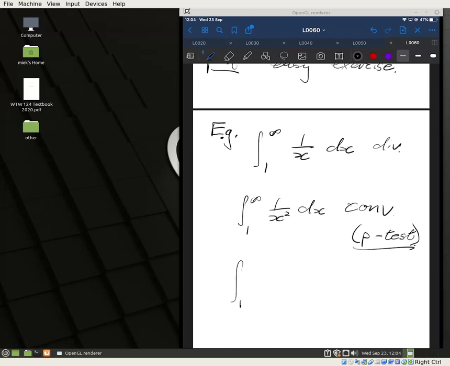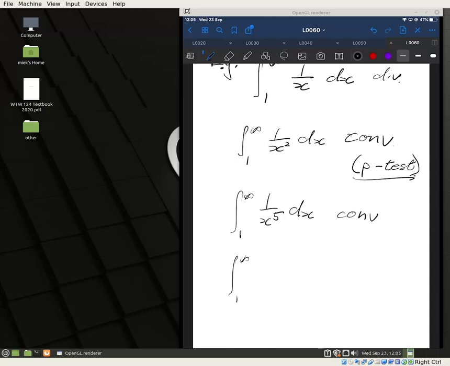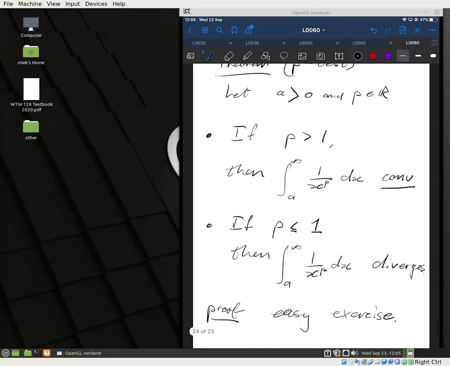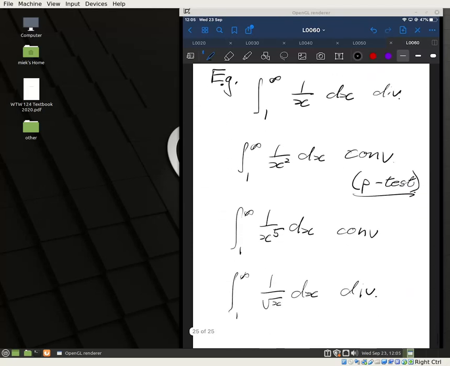So from the p-test, for example, this integral converges, and this integral diverges, because a half is less than 1, so the integral diverges.